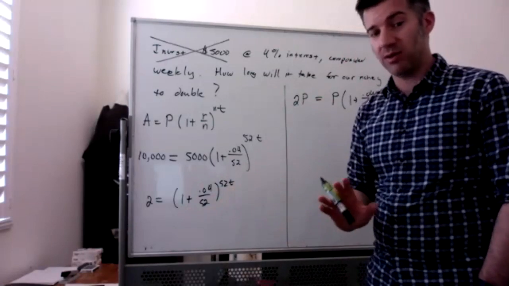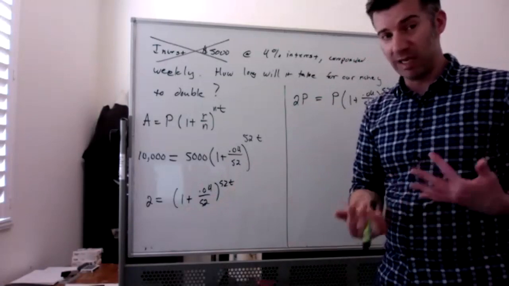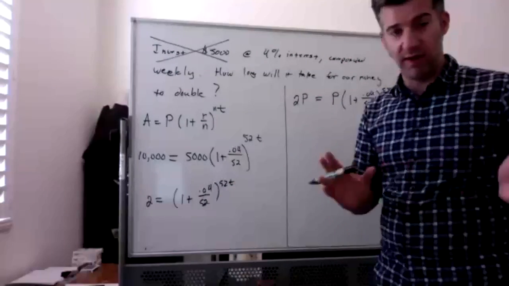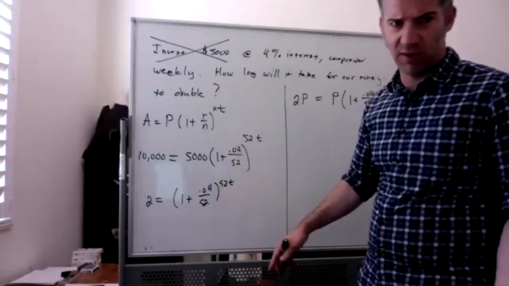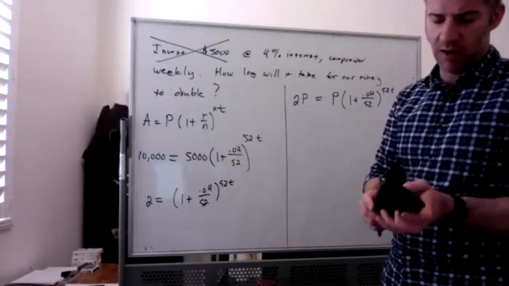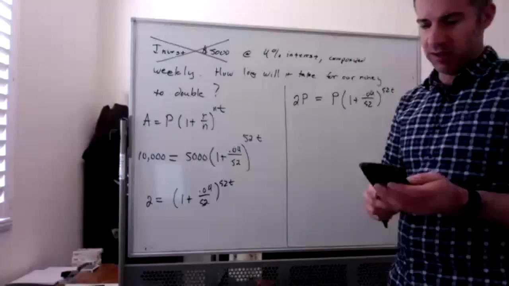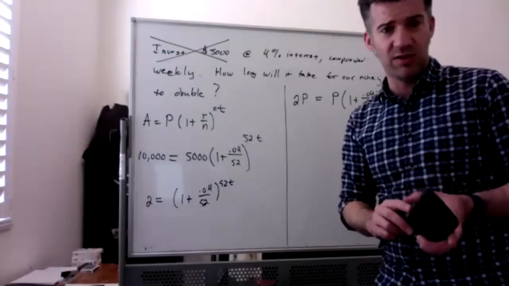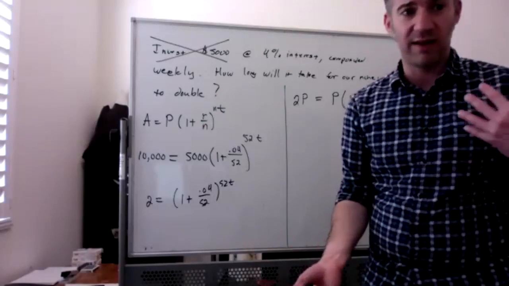I also want to point out that you should not use any decimal approximations until you're at the very end. I've definitely seen people write out, oh, 0.04 divided by 52 is some terrible decimal, 0.0007692. No, we don't want to write that out until we're actually trying to find our answer at the end.